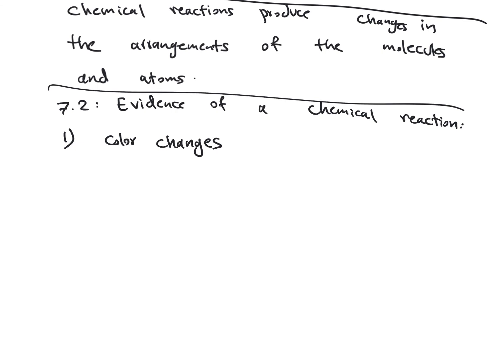Or those baby spoons that you feed babies with: if they get hot, then with temperature, their color changes. Your book has really good examples with pictures, and I encourage you to study those. That is a sign of a chemical reaction. So, color change. The other one is formation of a solid.